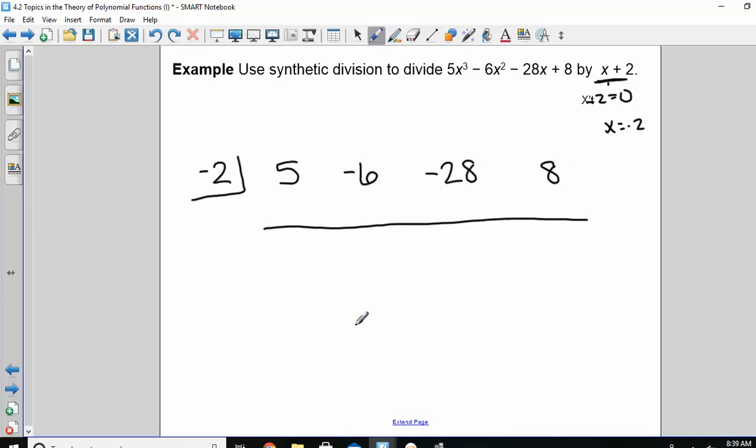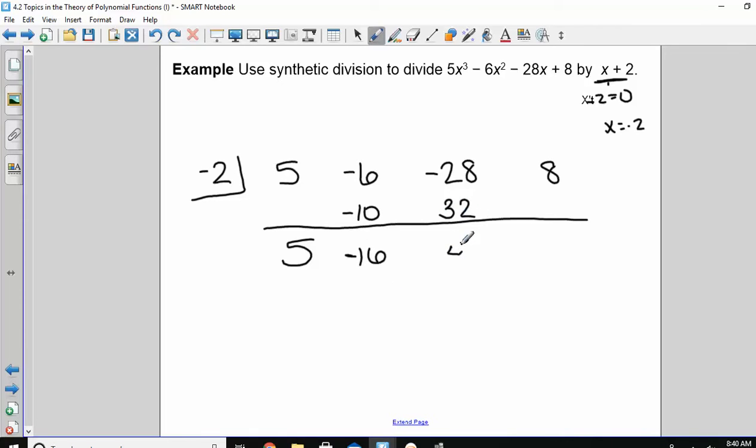Then what do we do? Yep, first number comes all the way down, and then we multiply and add. So 5 times negative 2, we get -10. Add, multiply negative 16 times negative 2 is positive 32.